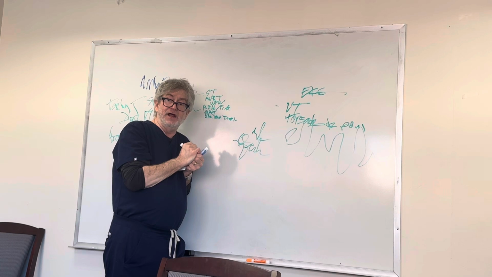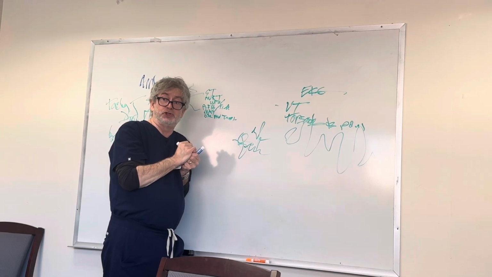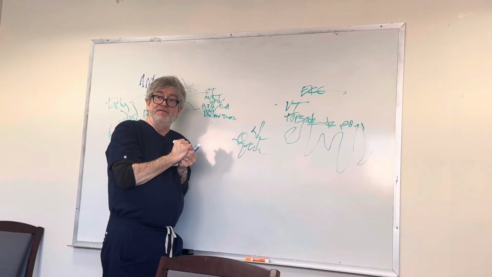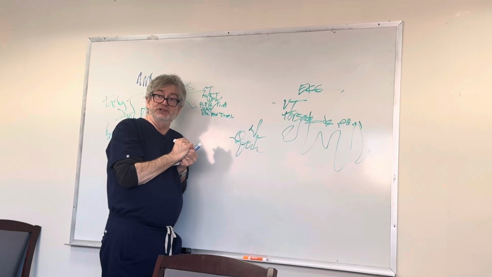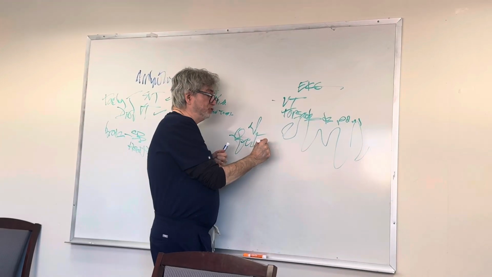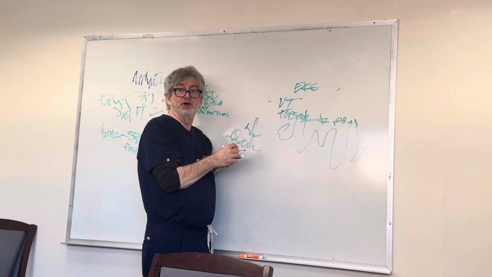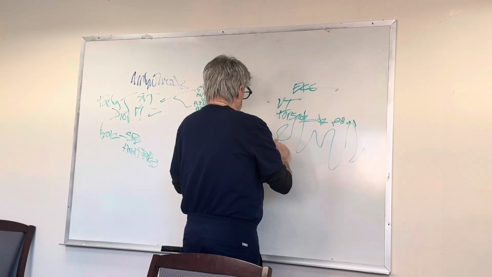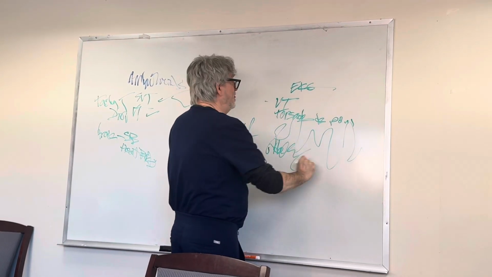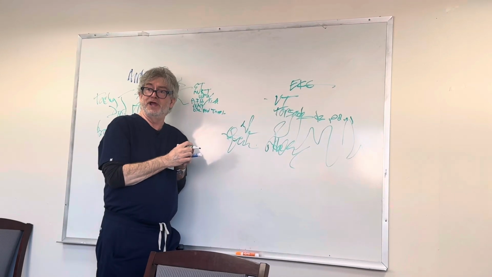If it slows down but doesn't break, that can tell you you're dealing with a flutter. And if it either breaks or doesn't break, then you can think of reentrant AV nodal or circus movement tachycardia, and you can treat that. The first line drug, if the vagal maneuvers don't work, you would give IV adenosine. AFibs are regularly irregular.